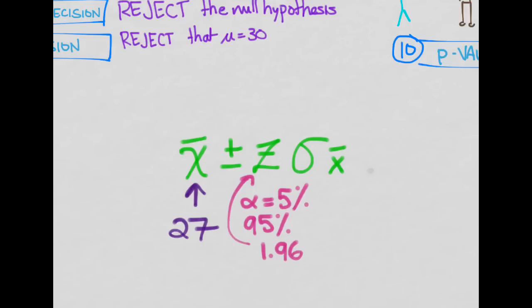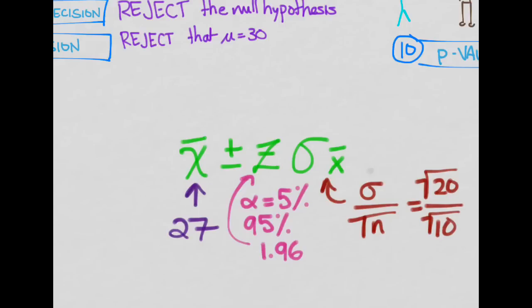We looked that up in the last video. And finally, we know here our standard error. We know that this is really the standard deviation of the population over the square root of the sample size. And we know that this is the square root of 20 over the square root of 10.